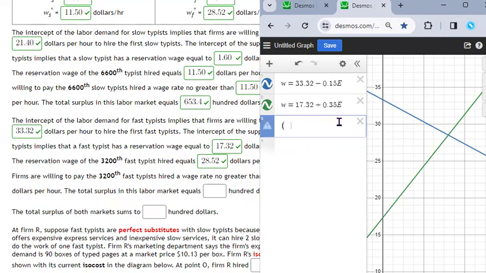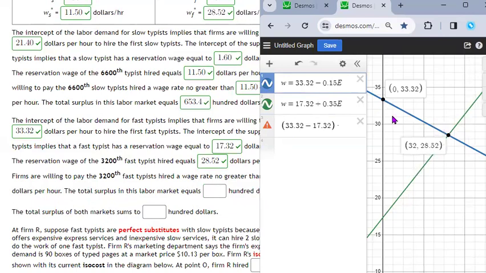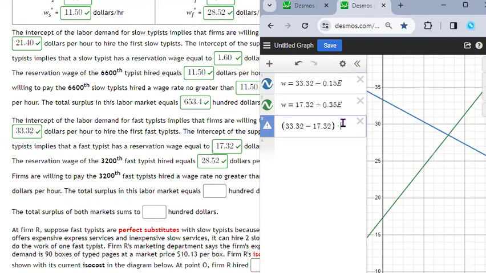So one intercept is 33.32. We're going to subtract off the other intercept, 17.32. We're going to multiply that by the employment level, which is 32 minus 0, but that's just 32.